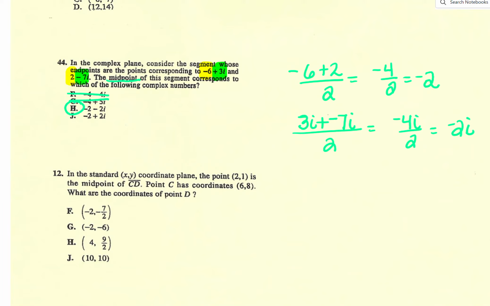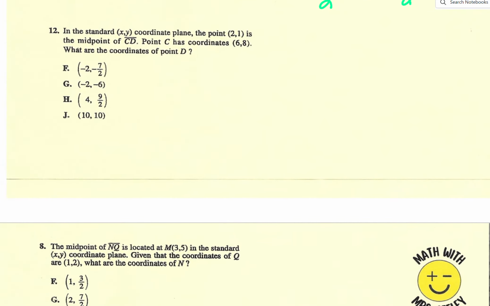All right, now we're going to switch gears. In this next problem, if you notice, it tells us the point (2, 1) is the midpoint. So this time they are giving us the midpoint and not asking us for the midpoint.